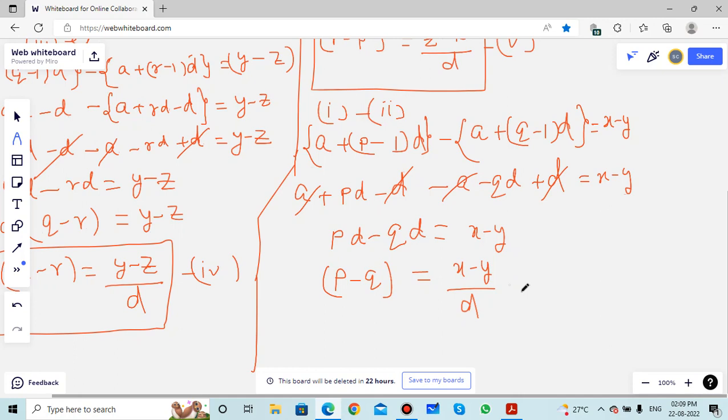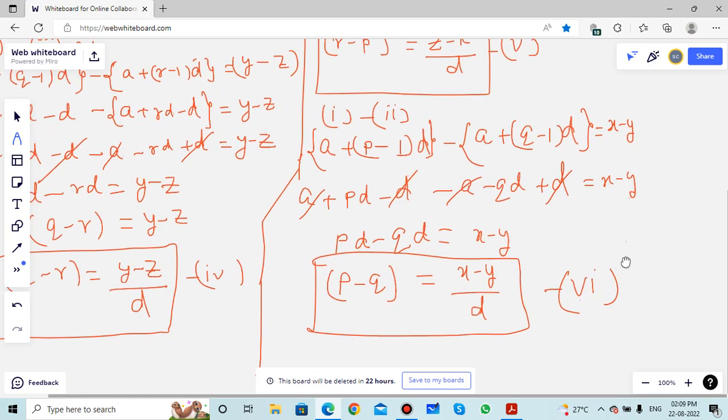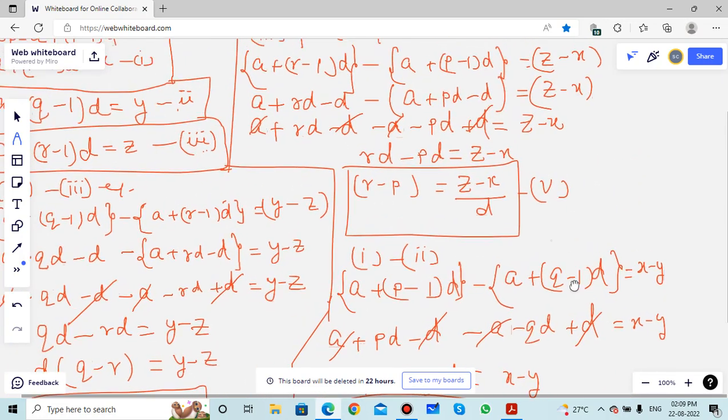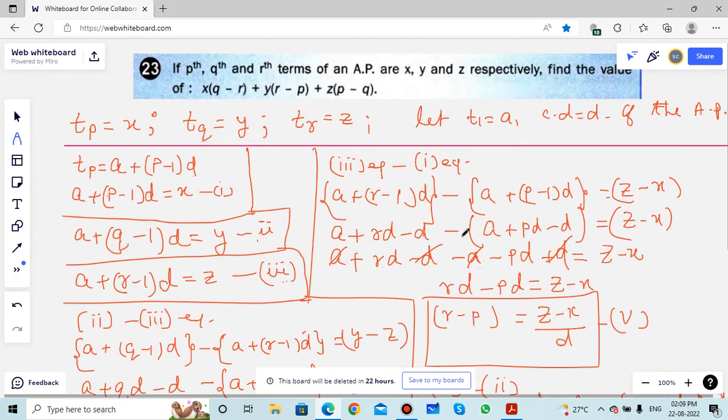So which equation is it now? We already have taken up to 5 equations. This will be the 6th equation here. Okay. Now we have got the 6th equation. Now see, what we do in this case is we will substitute the values in the question. What is the question that we have? The question is this one.